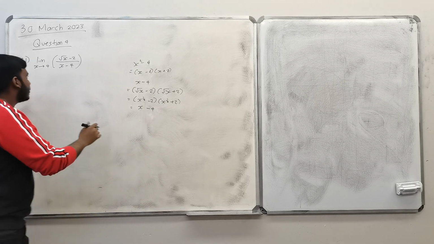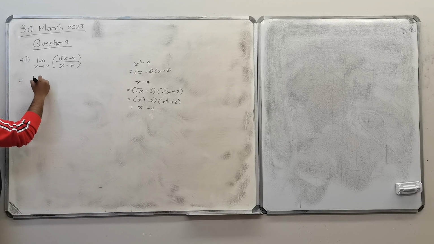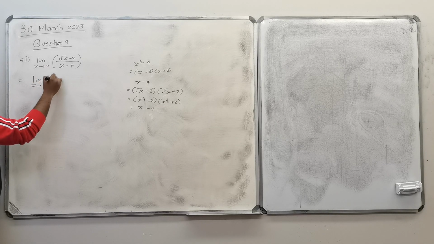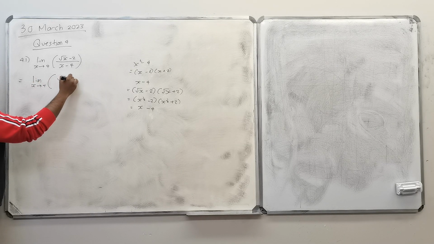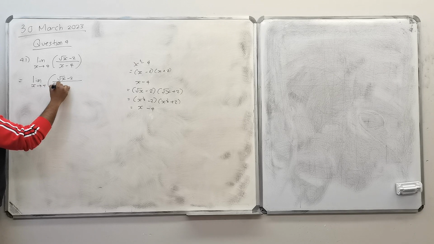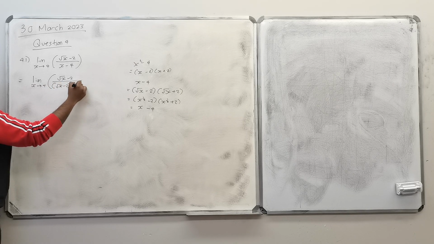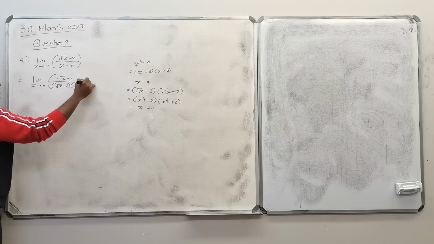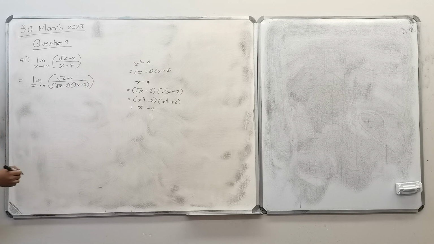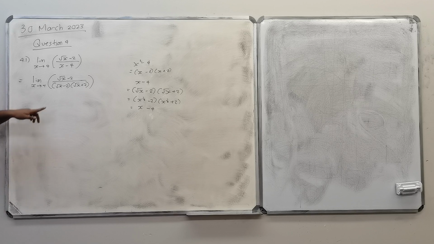So here, it's the limit as x approaches 4 of square root of x minus 2 over square root of x minus 2 times square root of x plus 2. We only factored because we can cancel the two terms that give you 0.